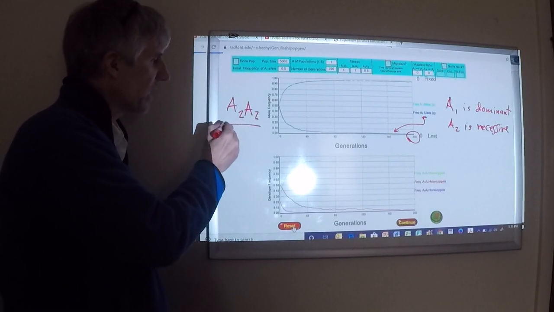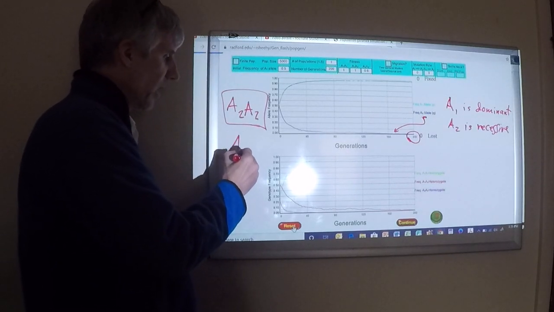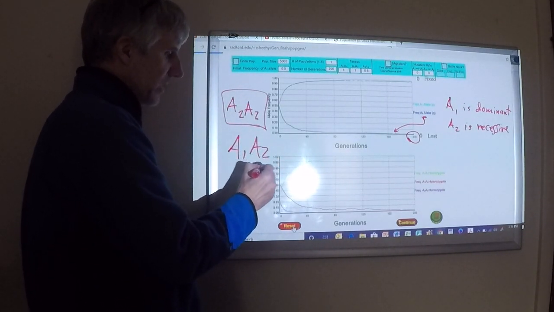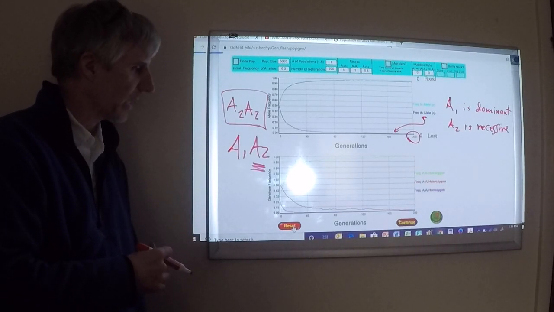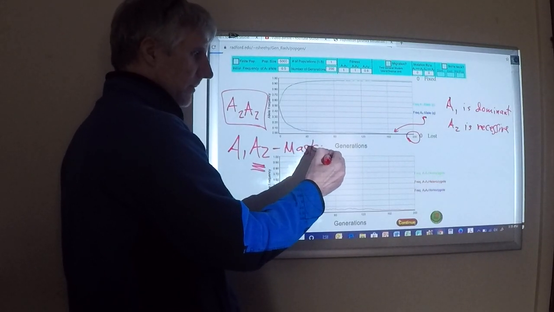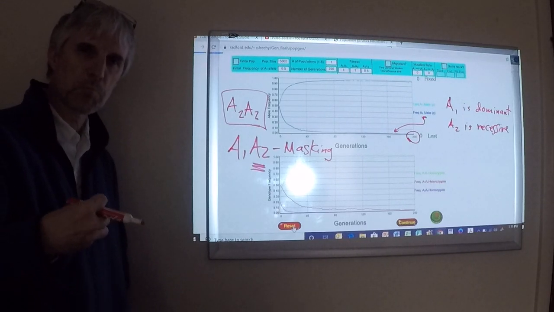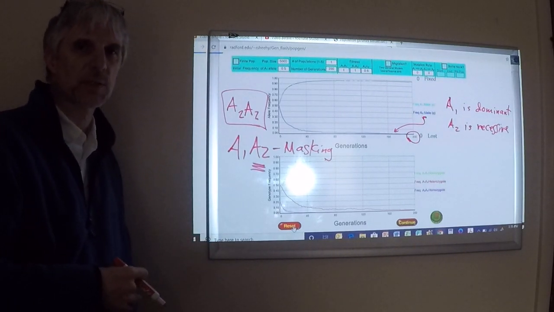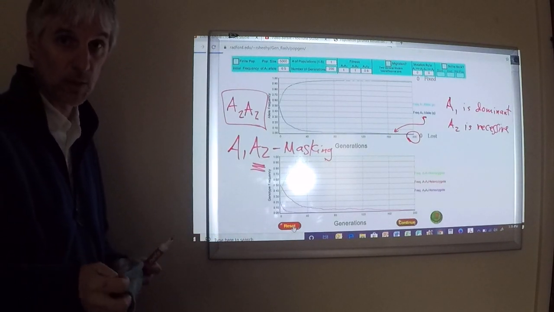And it can only see it when it's in the homozygous condition. In other words, natural selection does not see the A2 allele in the heterozygote. We call this phenomenon masking. We say that the recessive allele is being masked or hidden from natural selection in heterozygotes by the dominant allele.